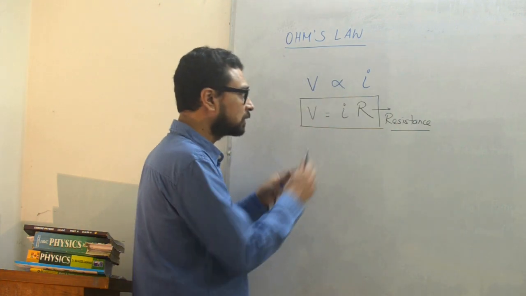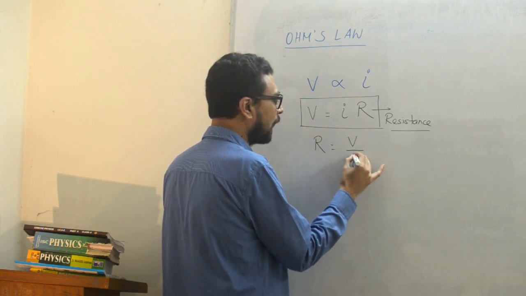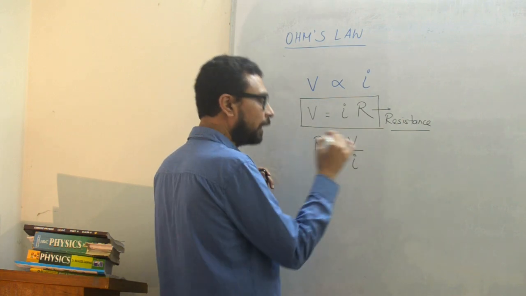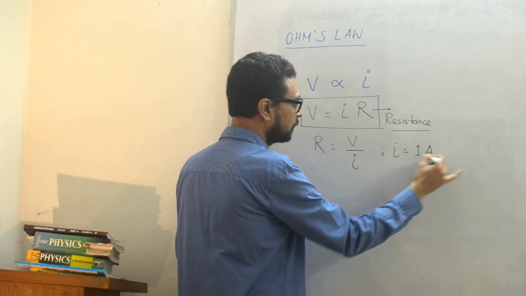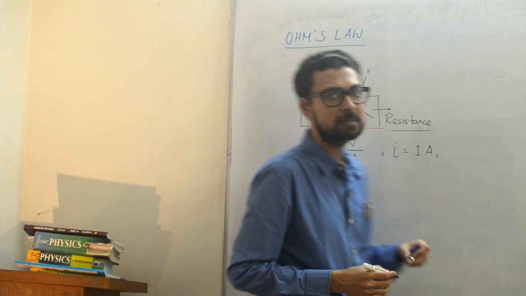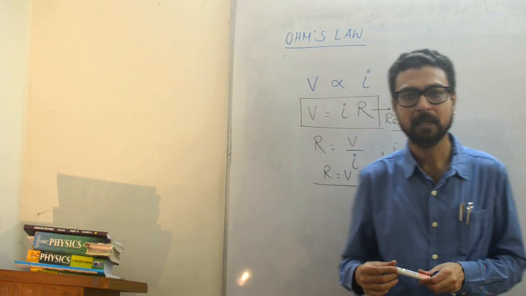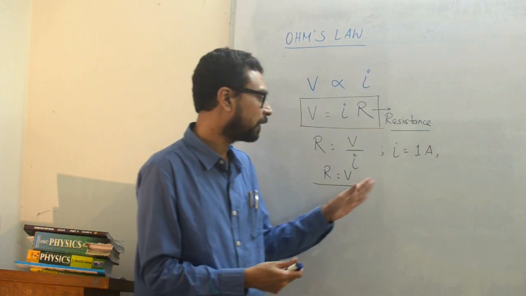From here we can write R is equal to V by I, and if I is equal to 1 ampere, then R is equal to V. So resistance is the amount of potential developed when the current flowing through a conductor is 1 ampere, and that is how we can define resistance.